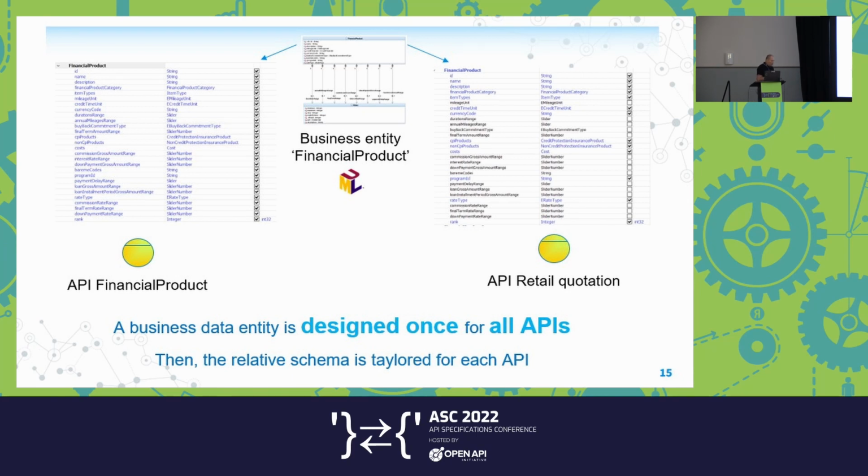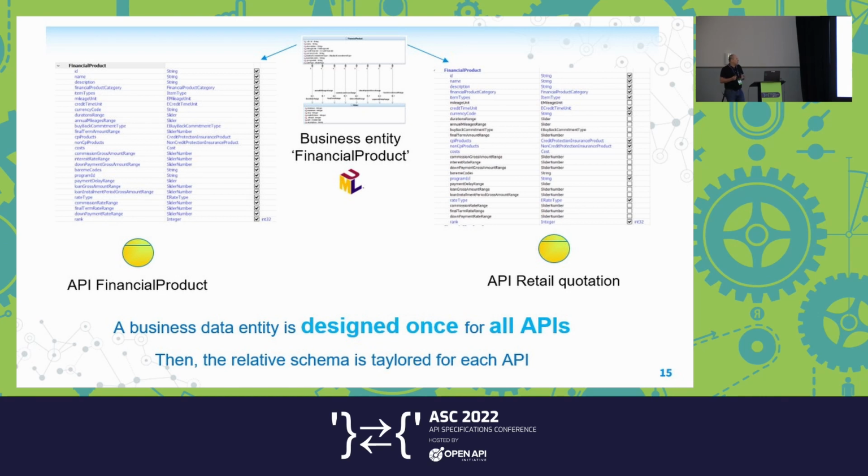What is interesting to have? The idea is when we have a set of business entity, each business entity at the enterprise level is defined only once. It's strange. It's not usual.